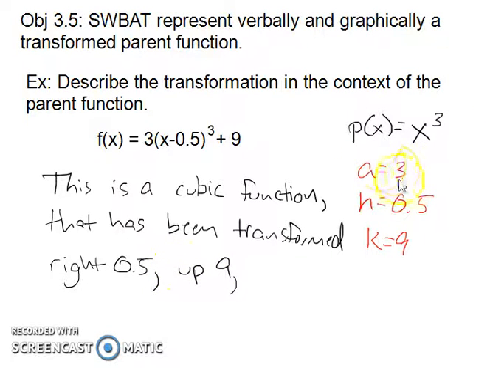And then a being 3, well, positive 3 means that it hasn't been reflected, so we don't need to say anything about that. But a being 3, the absolute value being greater than 1, means that this is a vertical stretch. So I'm going to say finally that this has been vertically stretched by a factor of 3.